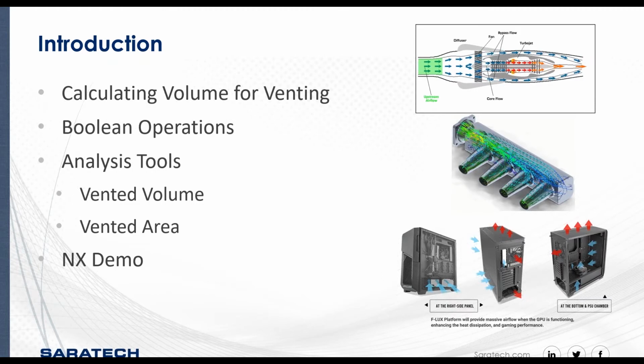So we'll be going over different ways to do this, specifically looking at Boolean operations. There's different ways to calculate volumes in NX, but I think using Boolean operations is a great tool and makes it easier down the road. We'll also look at some analysis tools, specifically volume and area, finding the area of different cross sections. Then I'll show you the clicks in NX.